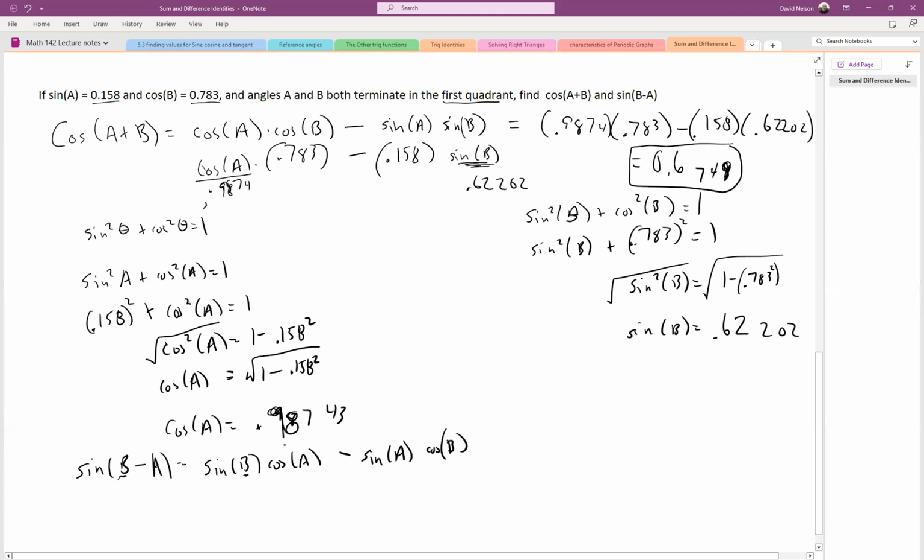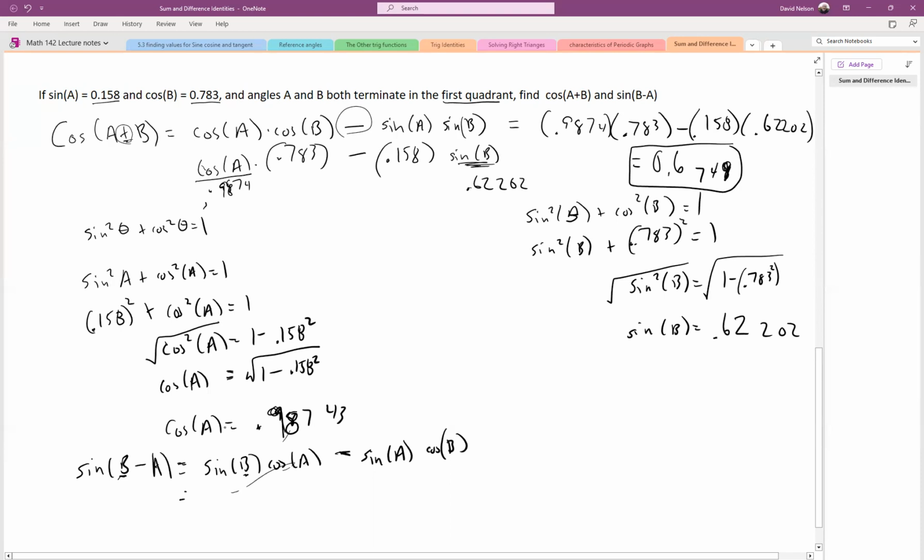I need the sine of B times cosine A minus sine A cosine B. And with the sine, the sign matches: if it's subtraction in here, I need subtraction on this side. With cosine, it was the opposite. When I've got a sum of angles up here, I wanted to use a subtraction in there.